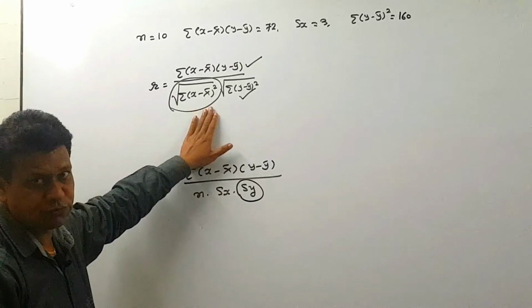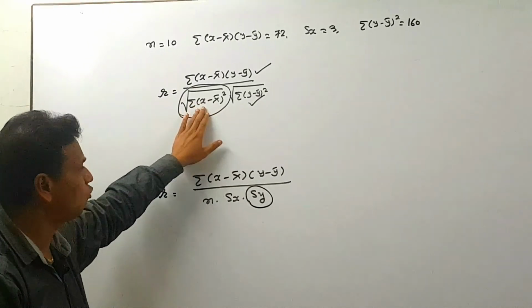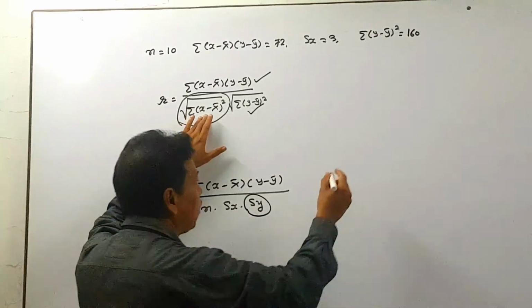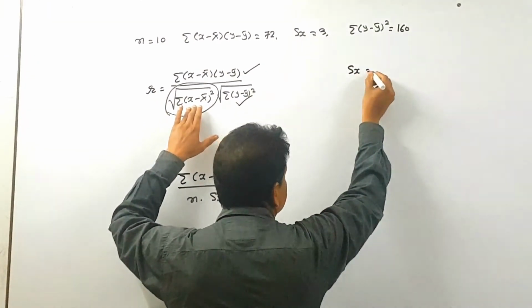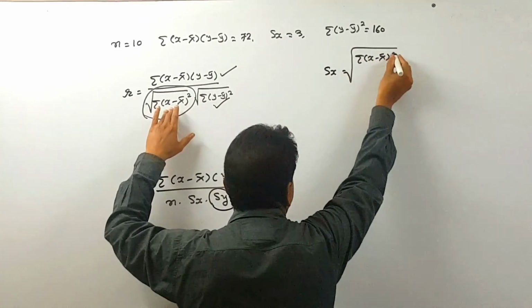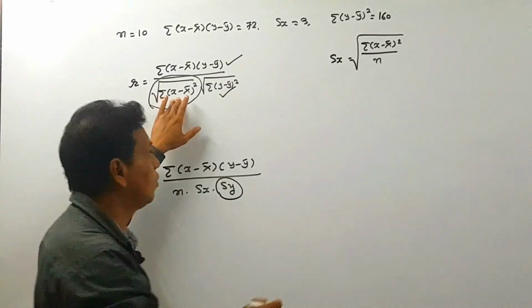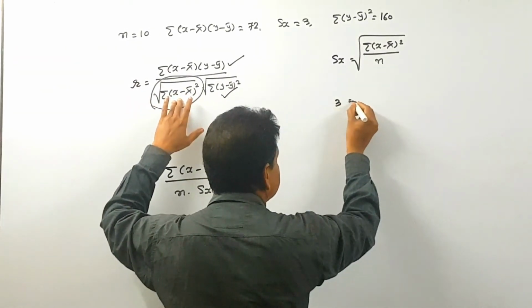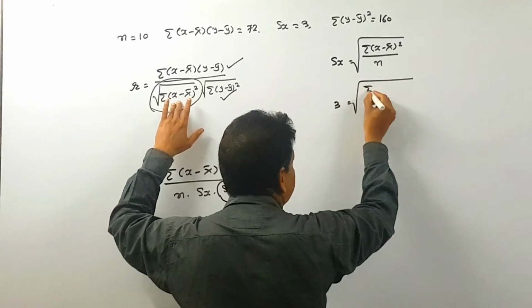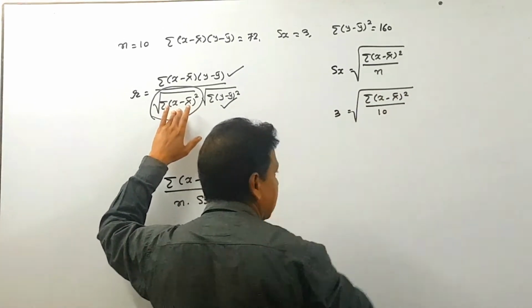Suppose I use this formula, so I have to obtain this amount by using this formula. Sx is equal to root of sum of x minus x bar square upon n. This is the formula as per our discussion. Sx is 3, n is 10.